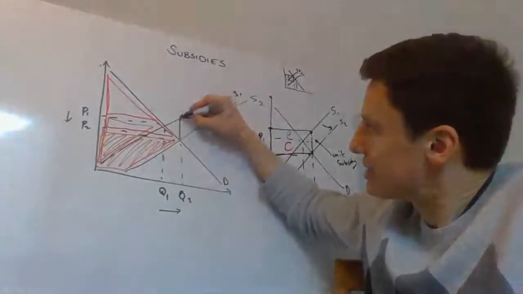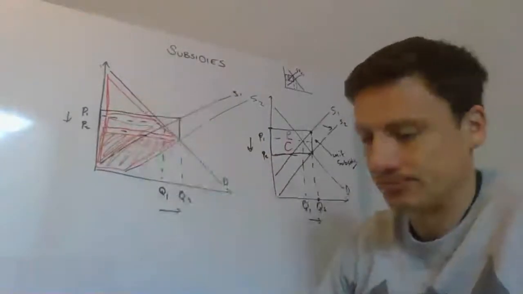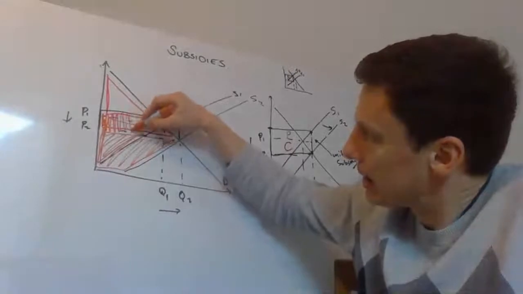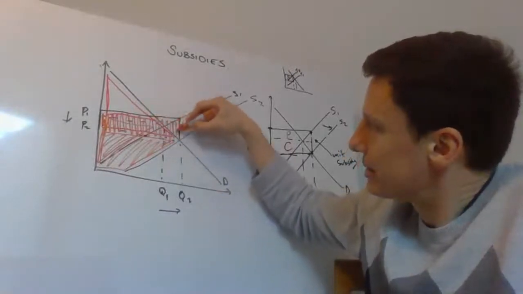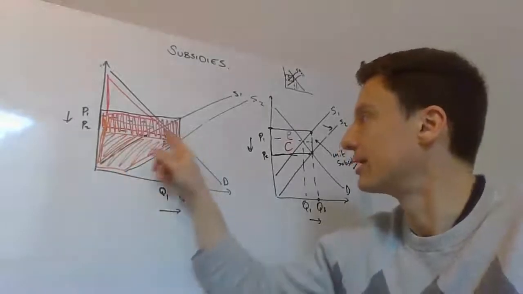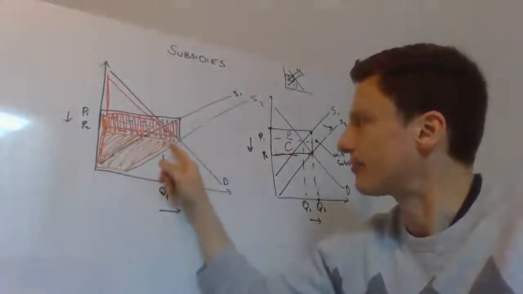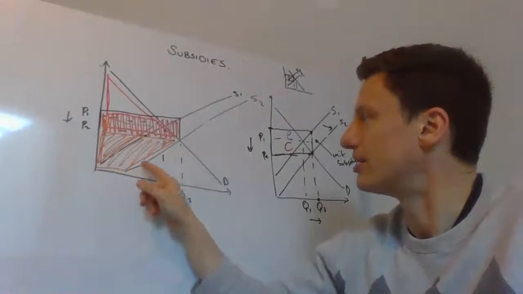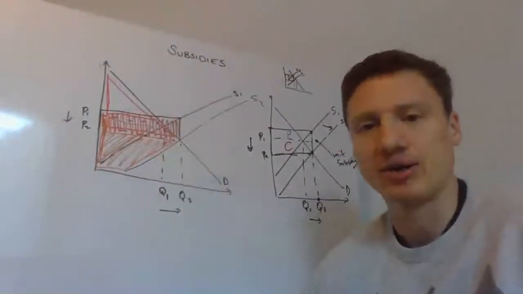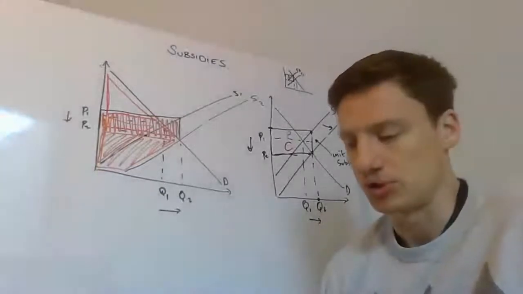So we should add this here, and all of that is producer surplus as well. So producer surplus is not only this triangle with a bit chopped off it, plus the rectangle over there, and you have now producer surplus.